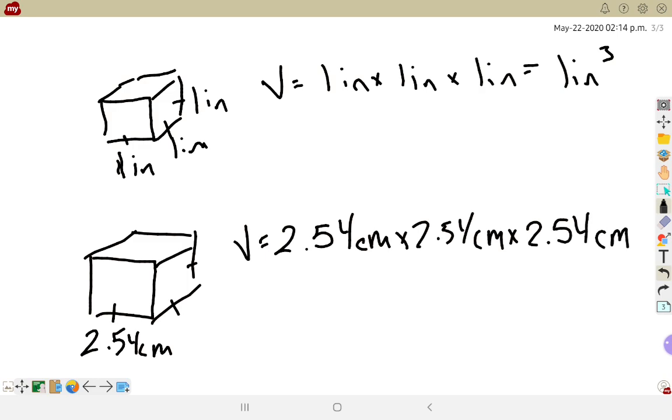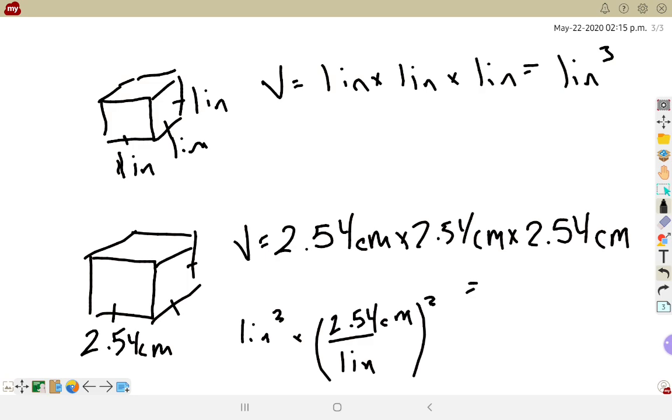Or if we were thinking about it as unit analysis, we have 1 inch cubed, and I'm going to say that 1 inch is the same thing as 2.54 centimeters, and I need to cube that conversion, so that means I need to do it 3 times. And when I go 2.54 times 2.54 times 2.54, it looks awful, but it's 16.38764 centimeters cubed.